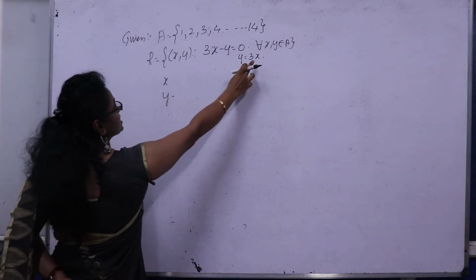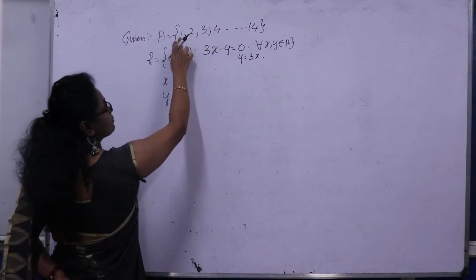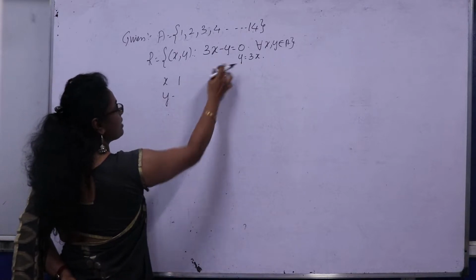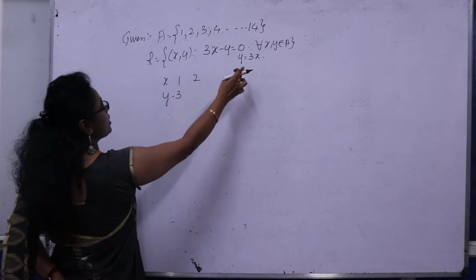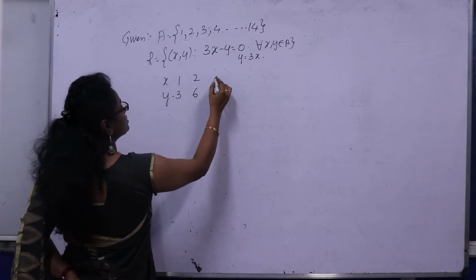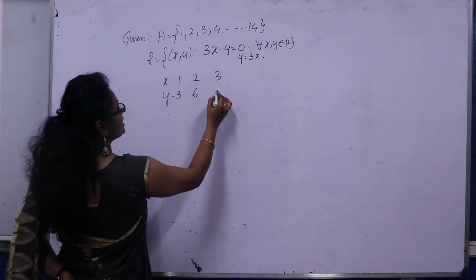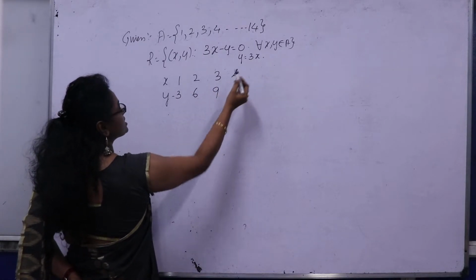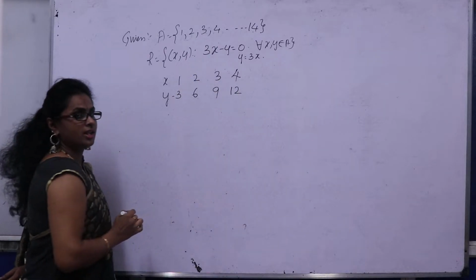Now, when x is equal to 1, I am picking the values of x from the set. When x is 1, what is y? It is 3. When x is 2, y is 6. When x is 3, 3 threes are 9. When x is 4, 4 threes are 12.